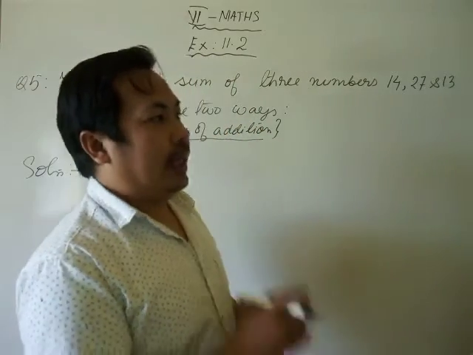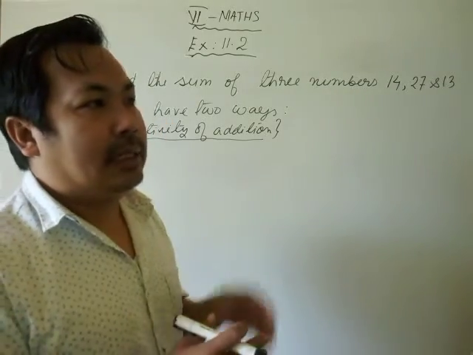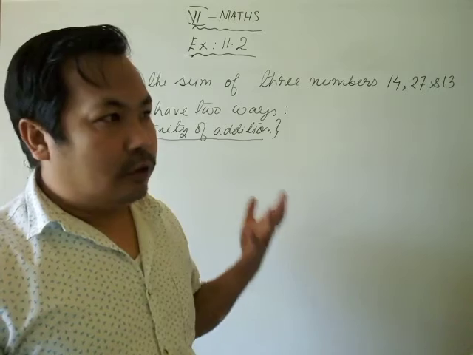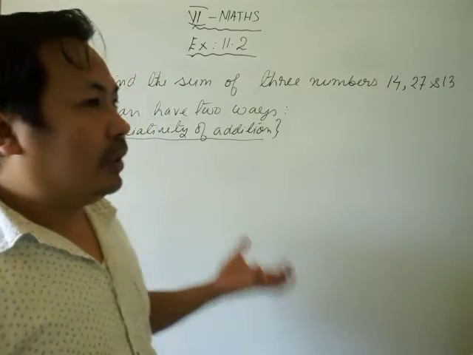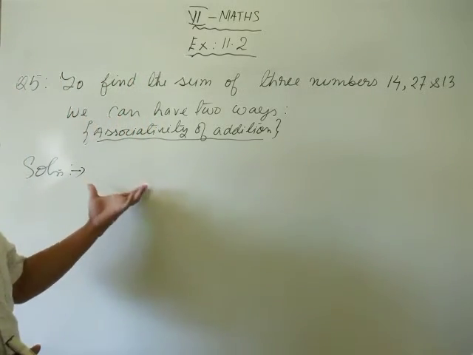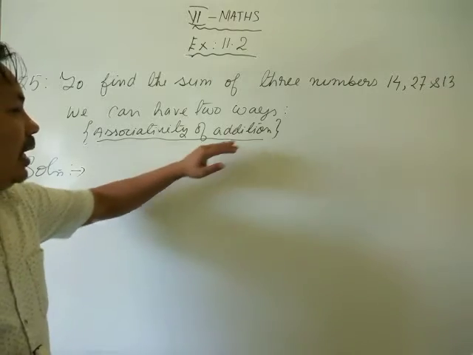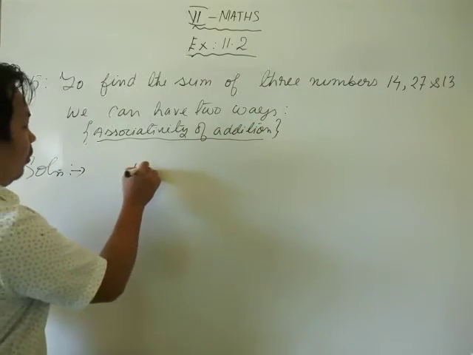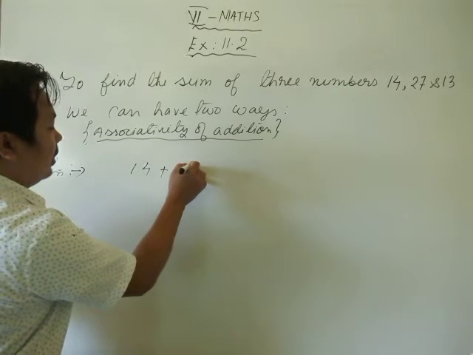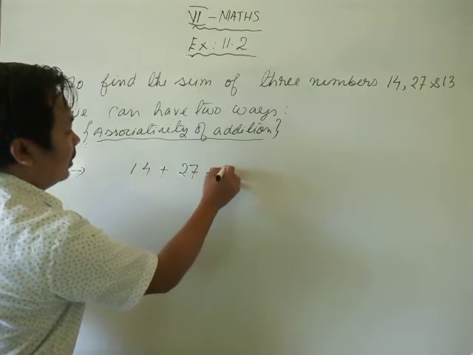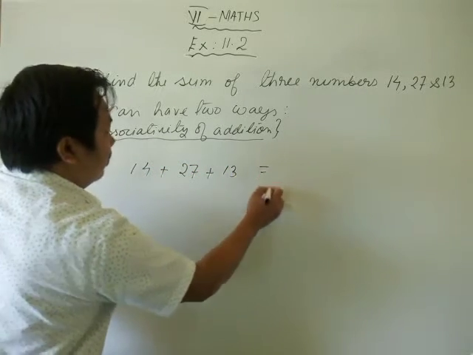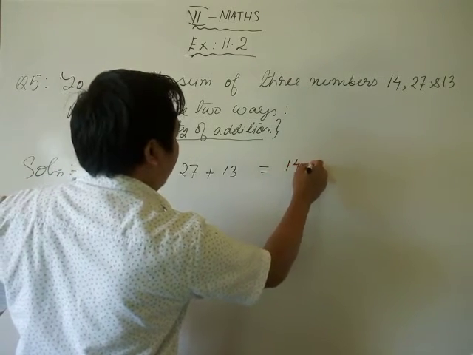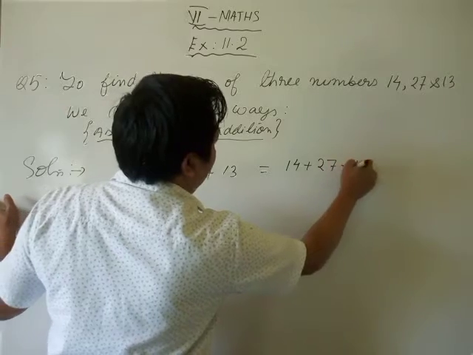So in the question, statements A and B are given just to illustrate how we can do it in 2 different ways. But actually we have to write the answer of question number 5, the associativity of the addition of these numbers. For example, 14 plus 27 plus 13.